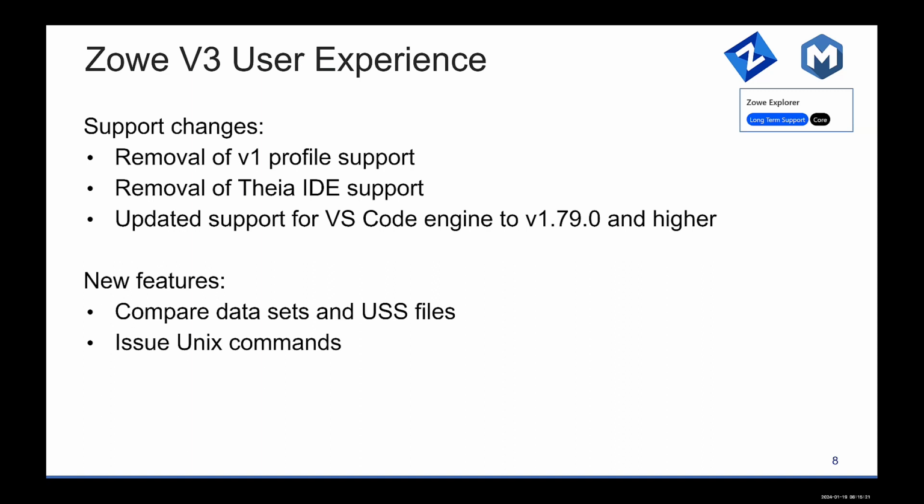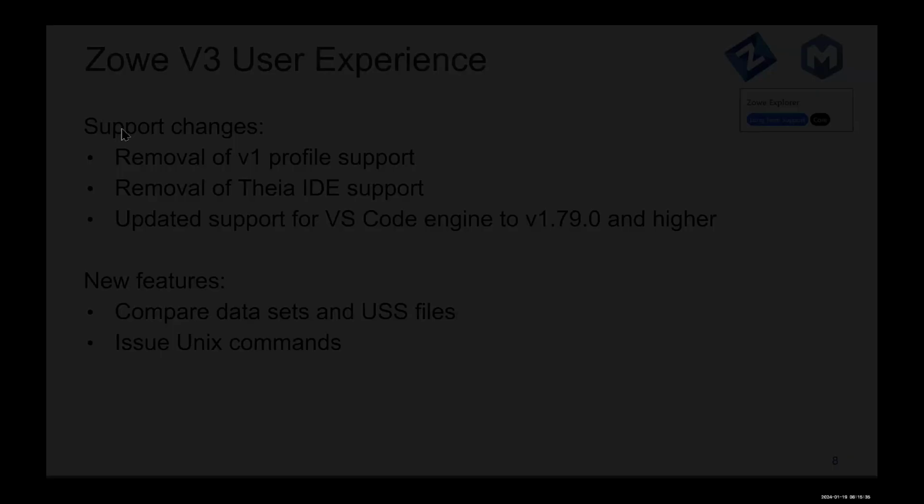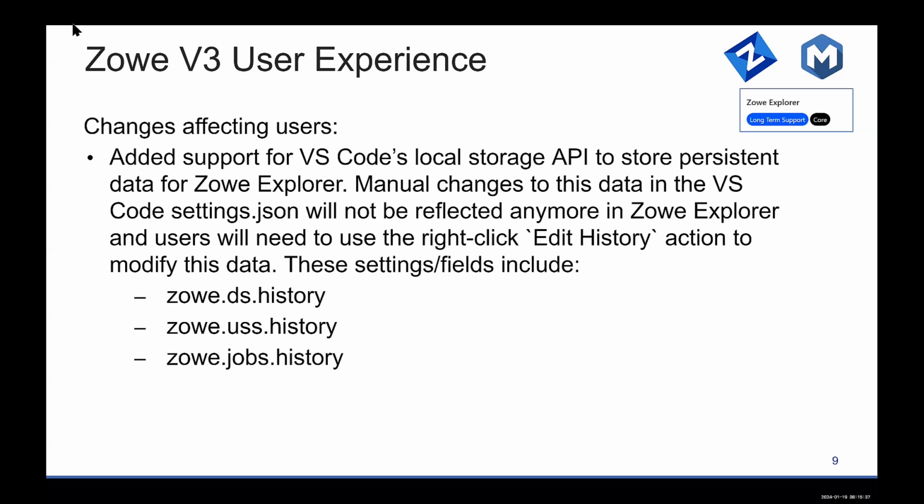And in terms of new features available at launch, Zowe v3 will again allow you to compare datasets and USS files and issue Unix commands. And Billy will describe these in more detail later in the presentation. We've also made changes to how we store persistent data with Zowe Explorer by adding support for VS Code's local storage API, also known as Memento.